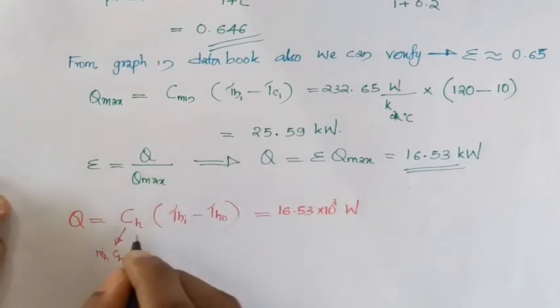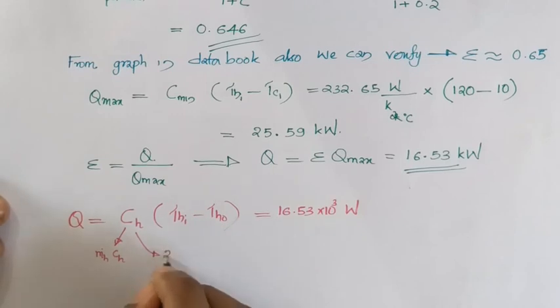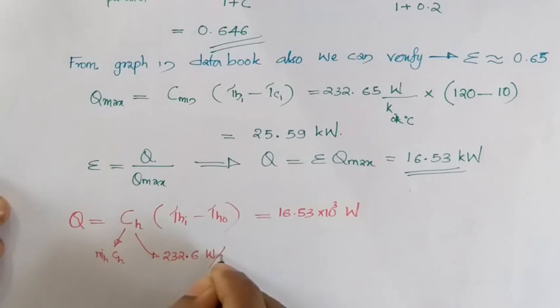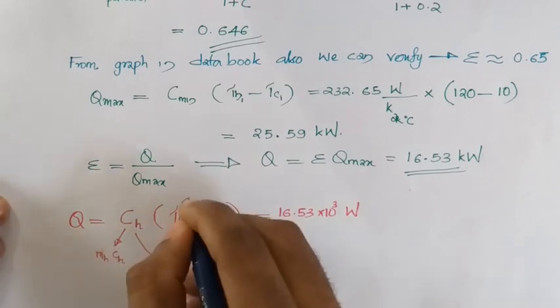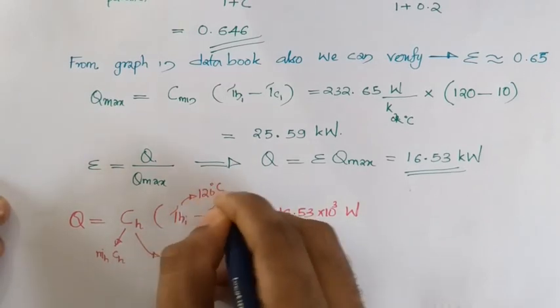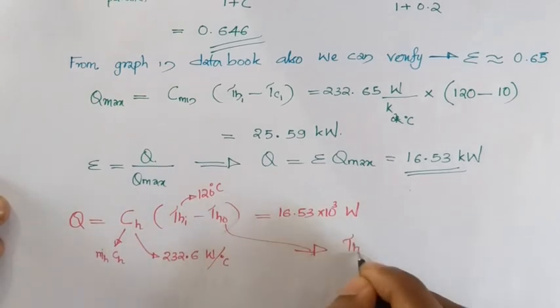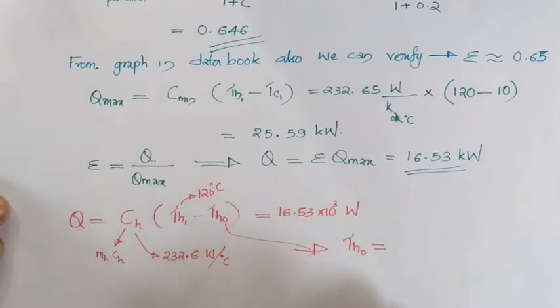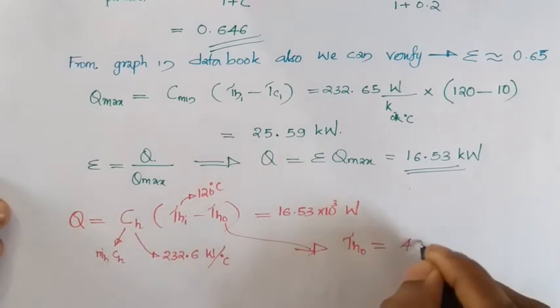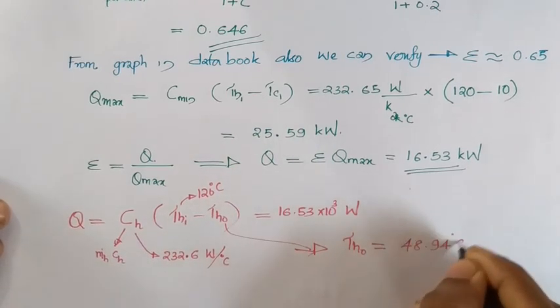You can substitute CH as 232.6 watts per Kelvin or watts per degree Celsius. THI is given, which is 120 degrees Celsius. This is the only unknown. Then if you substitute, you will get THO, the temperature at which the hot fluid is leaving, as 48.94 degrees Celsius.